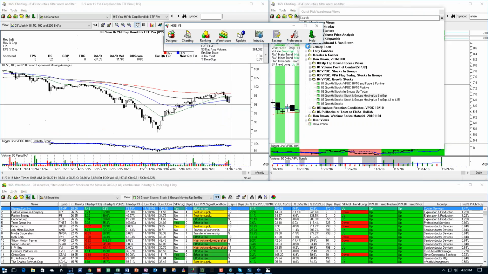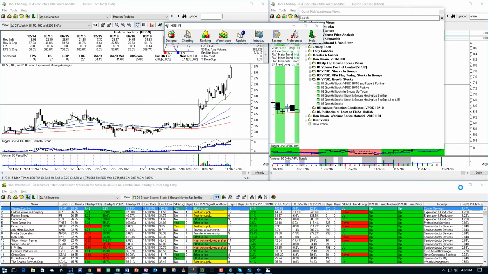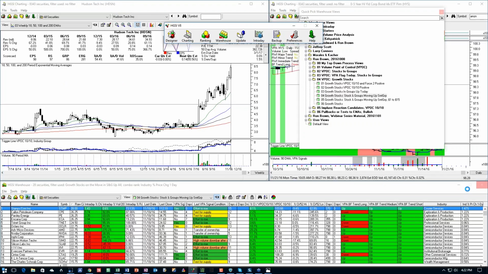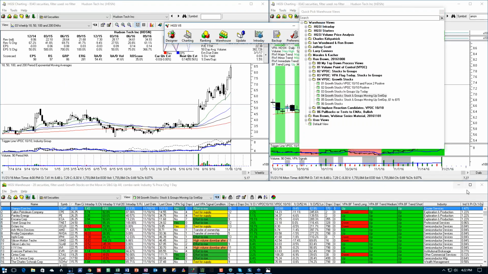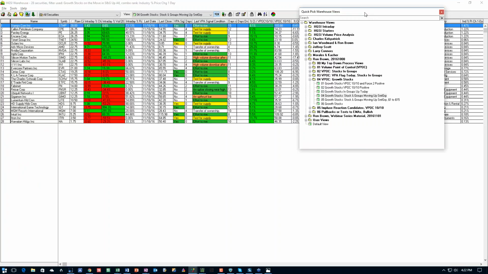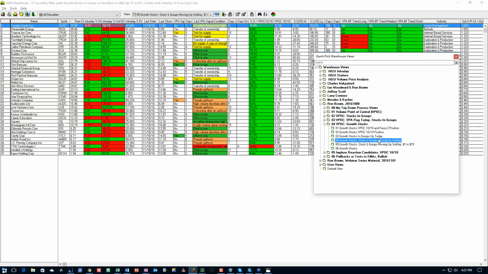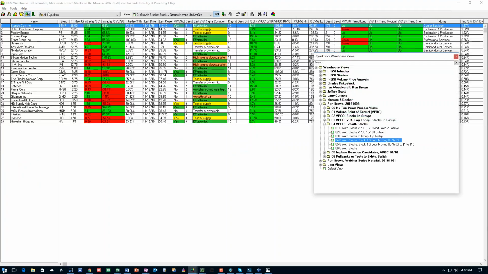I didn't think I'd changed that, but I did. Okay, so what we have here are growth stocks in the stocks and groups moving to the upside. So out of the 100 stocks in yesterday's stocks and groups moving to the upside, you can see that 28 of them were growth stocks.